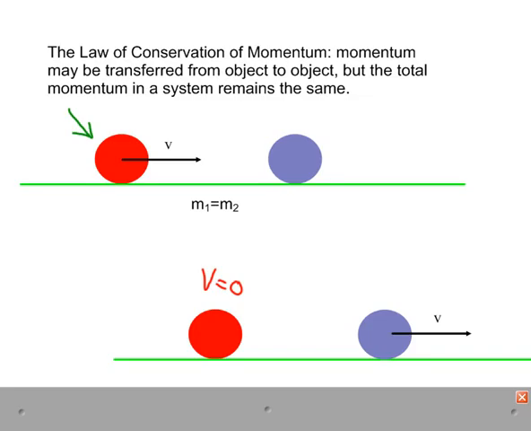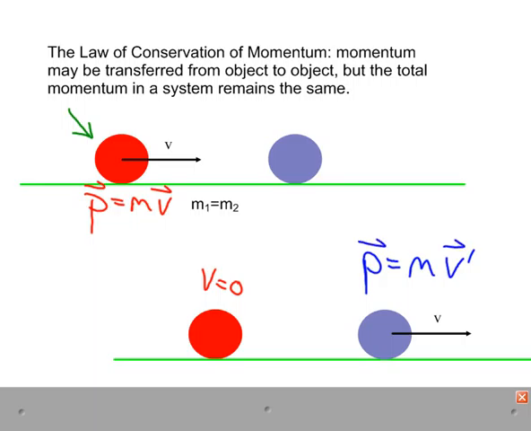In this case, you can see that the momentum of the red object before the collision, p, is equal to m times v, and the momentum after the collision of the blue object, p, is equal to mv. I'll use the symbol prime after the v to say that it's the velocity after the collision.